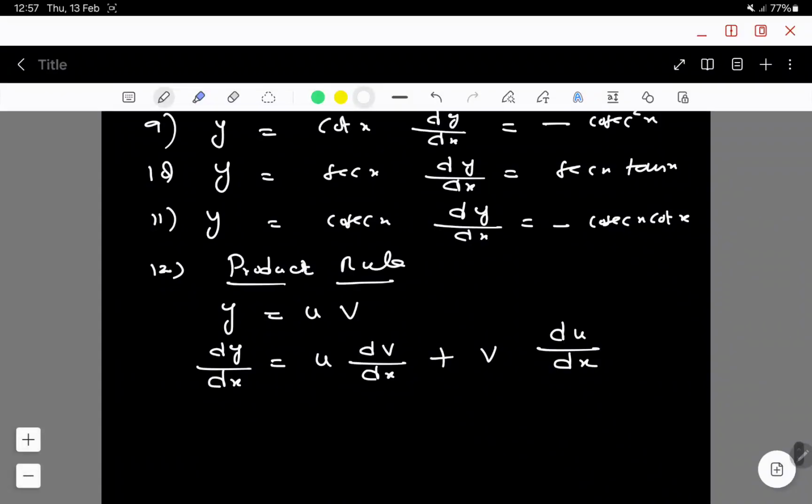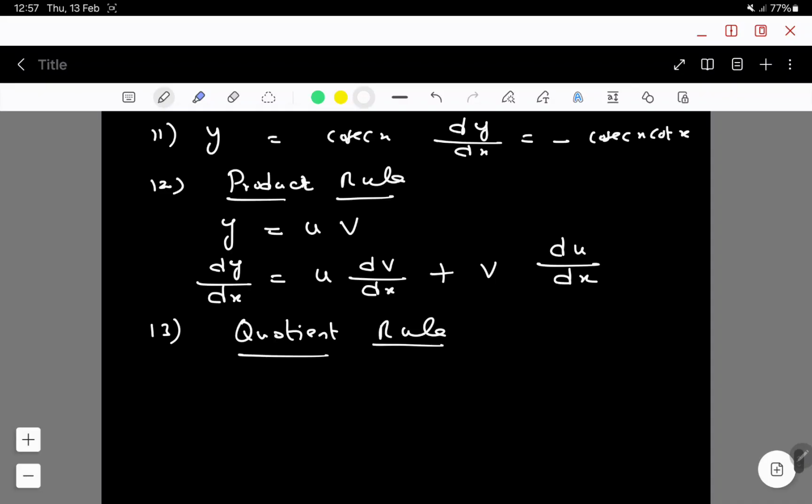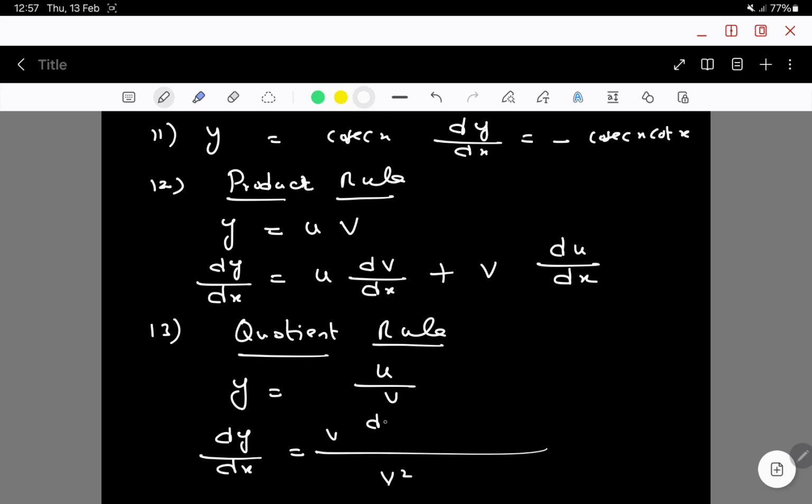Next one is the quotient rule. Y equal to u by v. All the results are derived from the fundamental formula. So dy by dx is v squared in the denominator; in the numerator write v, differentiate u, d by dx, minus u, differentiate v, dv by dx. This is the quotient rule.